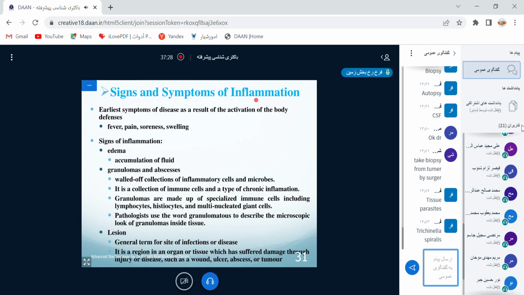There is a war. The place where the war is between bacteria and the immune system, it is inflammation.